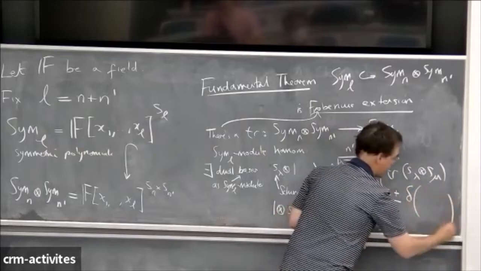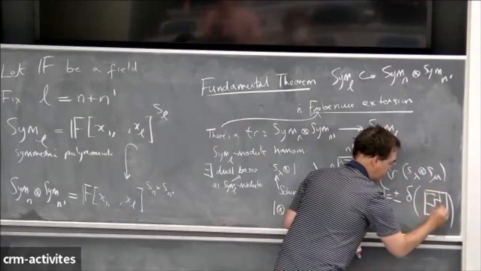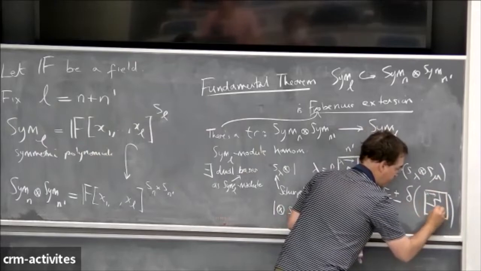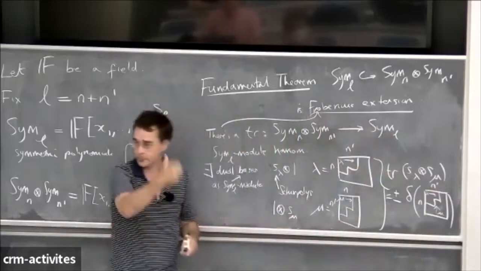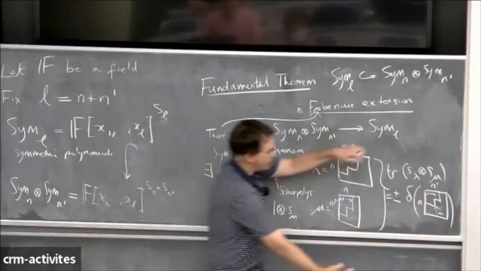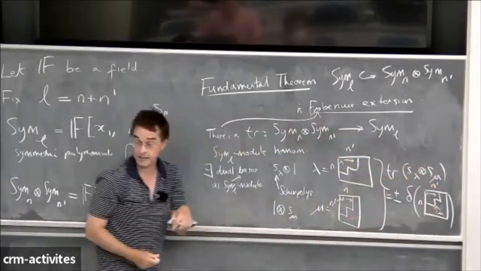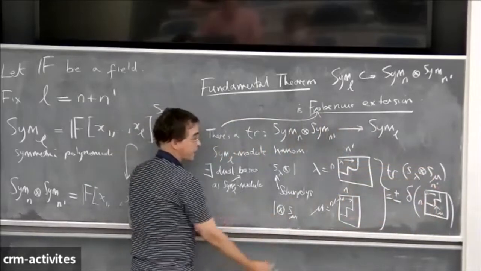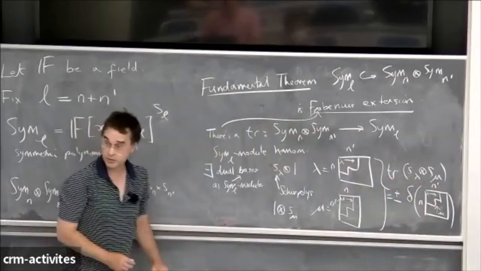And lambda and mu matching means that if you take lambda and you take mu, you have to flip mu around, because this is the n by n prime rectangle, you have to sort of transpose mu and put it in the other corner. Matching means they exactly fit to cover the entire n by n prime rectangle. When that's the case, this trace of the product is plus or minus 1, otherwise it's 0. So there are these dual bases.